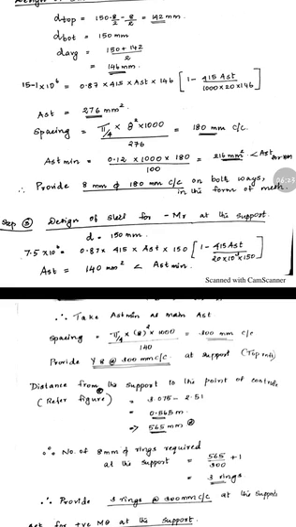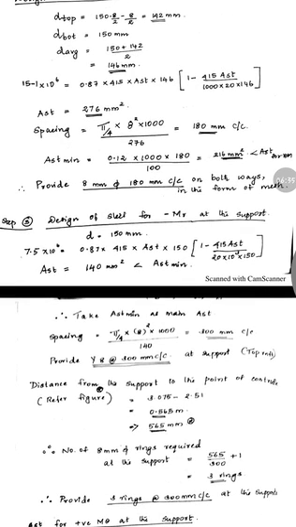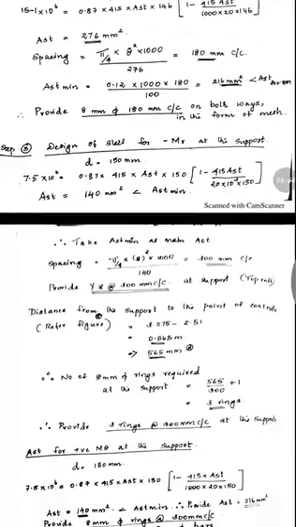We just found out the AST minimum, and we check that AST minimum is less than AST provided for the bending moment. Therefore, provide 8 mm diameter at the rate of 180 mm center to center in the form of mesh at the center. And now it is step number 5.